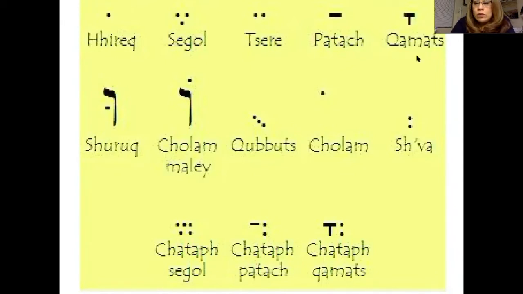These are the vowels: kamatz, patach, sere, segol, hirech, shva, cholam, kibbutz, cholam maleh, shuruk, chataf kamatz, chataf patach, chataf segol. Okay? I know it's fast, you'll get it.